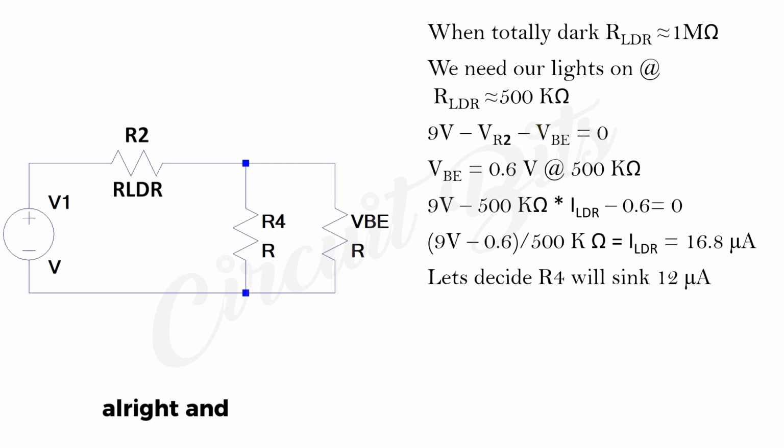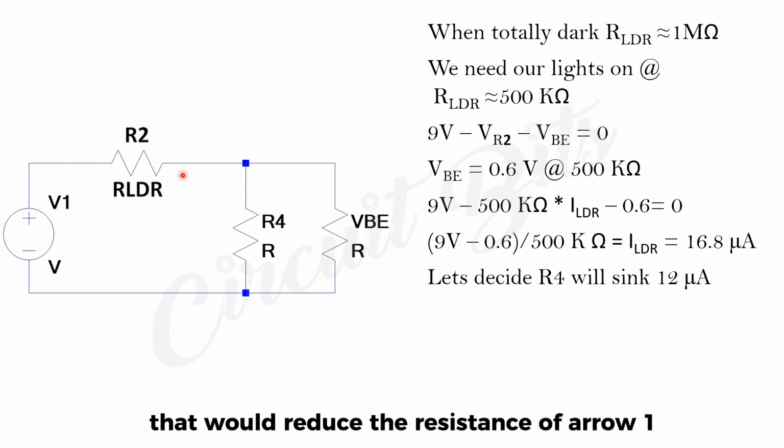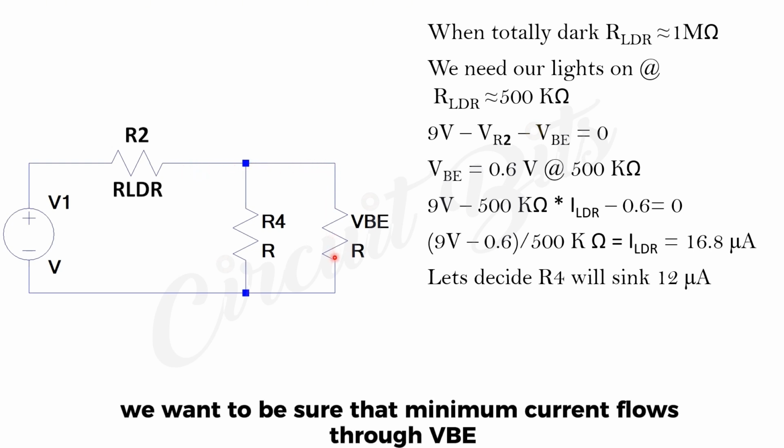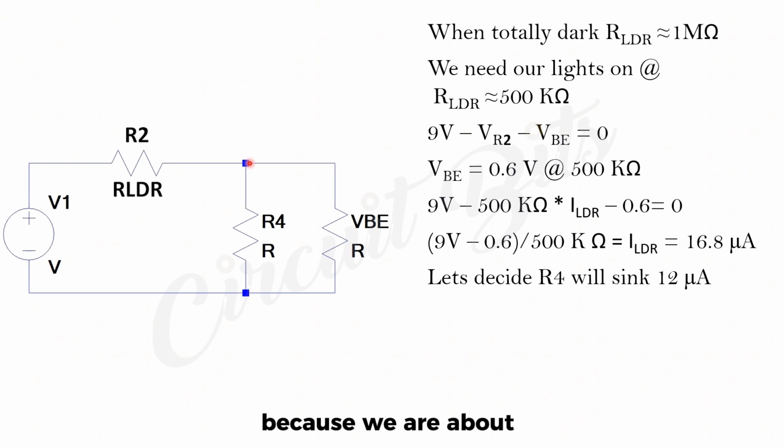And that would be because we have enough light that would reduce the resistance of the LDR to let current flow through. But at this point, which is an LDR of 500k, we want to be sure that minimum current flows through VBE, because we are about to turn off the transistor to enable the light to come on.